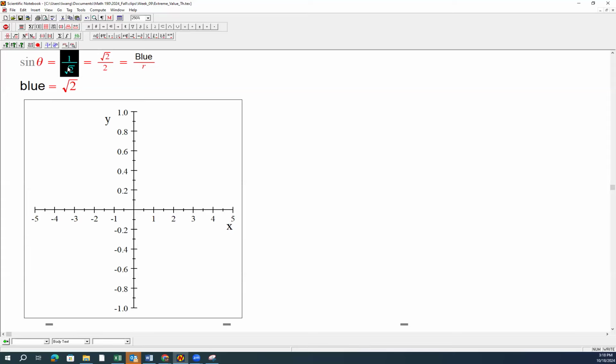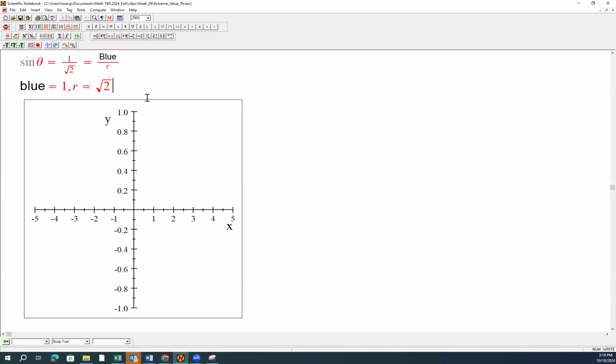You can use the other number too, really the same thing. Let's not do this radical, do this: blue is 1, R is root 2. Because they're proportional, it doesn't matter. R is root 2, because in the definition it says it's an arbitrary point. So blue is 1, R is root 2.